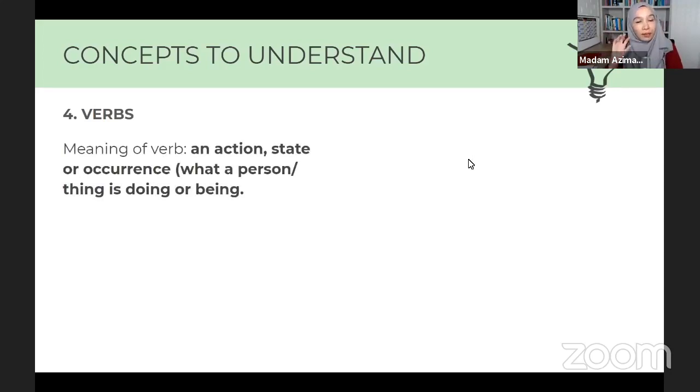Listen very carefully because people confuse verbs. They think it's just an action, but it's not. Yes, it can be an action, but it can also be a state or occurrence. That means what a person thinks or being. If it's an action, it's doing. If you're confused with verbs, don't worry, I'll give you some examples.